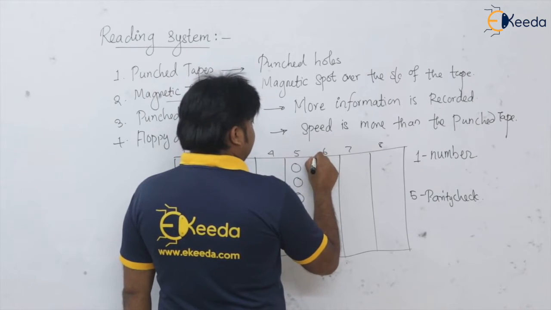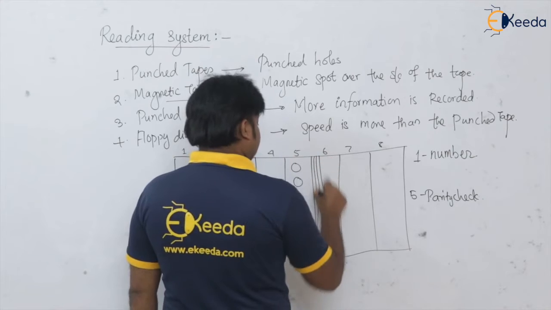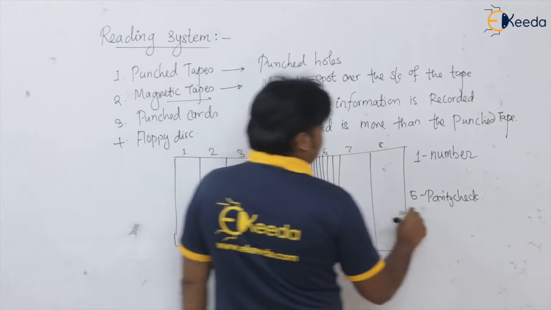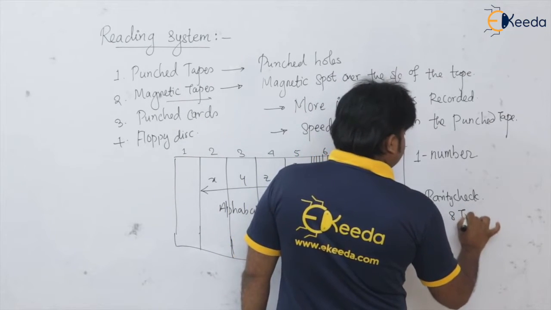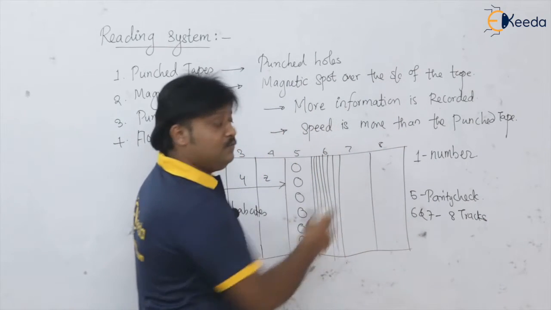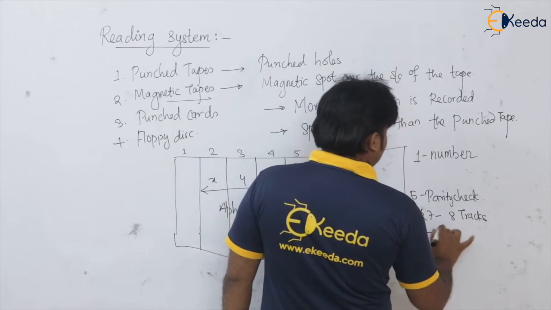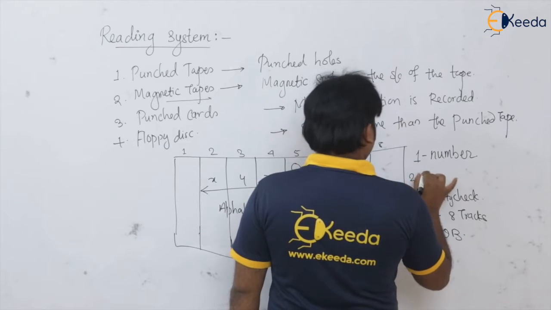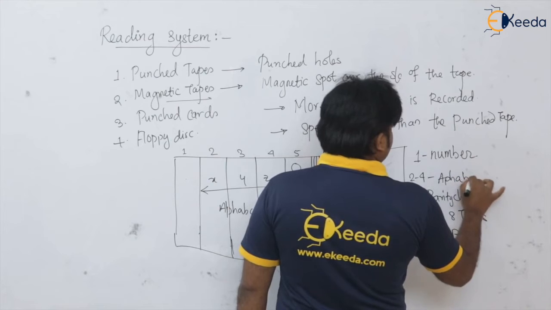Then 6th and 7th are again subdivided into 8 tracks each. And the 8th is for the end of the block. So 2 to 4 have alphabets.